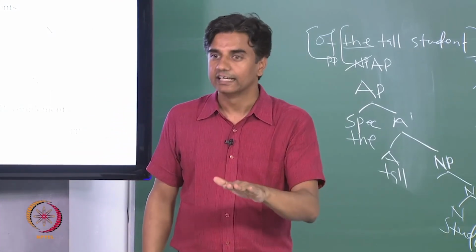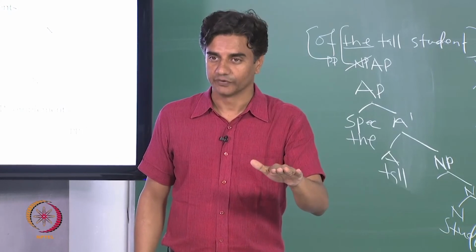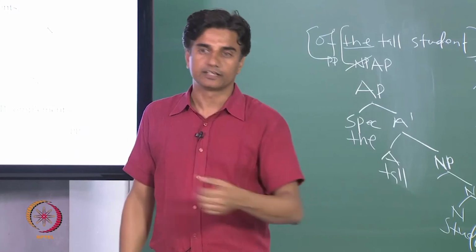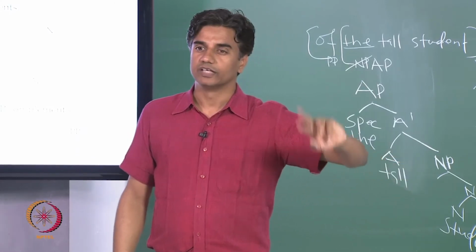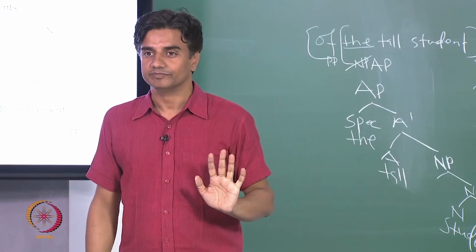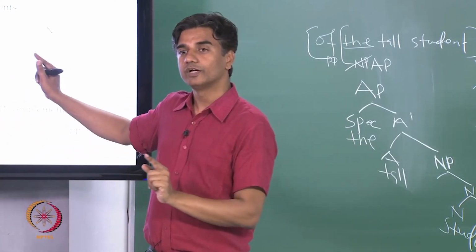Categorical selection is a restriction. Some categories need only certain types of things. Like I gave you the examples of know, ask and wonder.